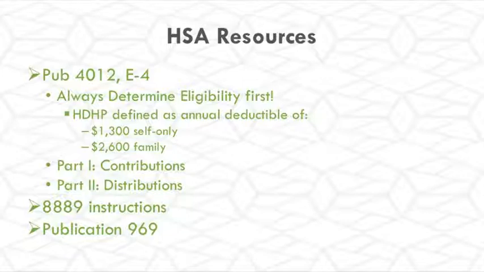Now, also in the Pub 4012, there are screening tools. Part 1 is to screen for contributions to an HSA, and Part 2 is to screen for distributions from an HSA. You can also consult the 8889 instructions and Pub 969 for more information.